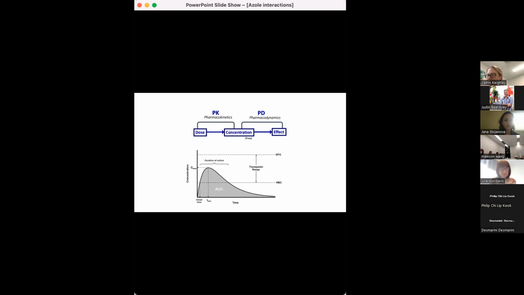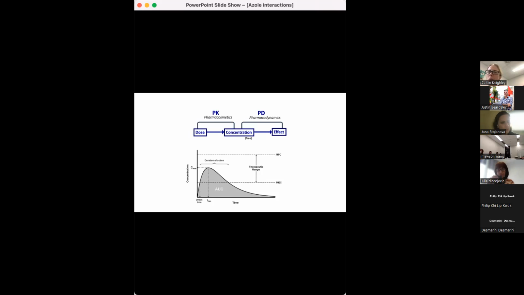For antimicrobial drugs, the concentration required for effect is conveniently related to the microorganism's minimum inhibitory concentration. Systemic concentrations can be plotted over time in a concentration time curve. This curve shows an initial oral dose that takes some time to be absorbed, reaching a maximum concentration, lowering as the drug is eliminated from the body.